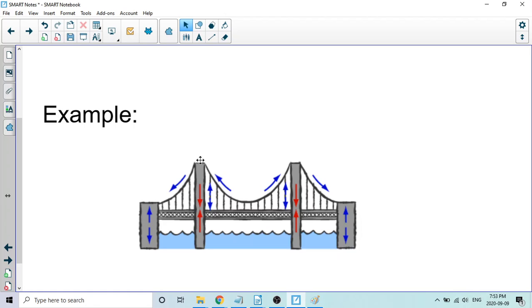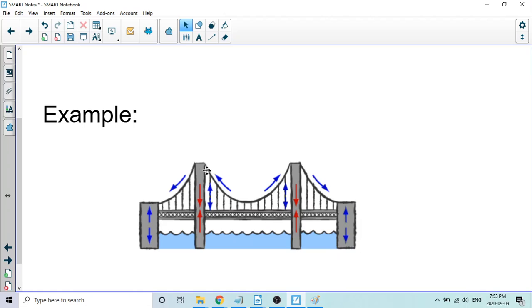Here we have compression because the ocean floor is pushing on the bottom of this tower, and gravity is pushing down on it. So the top and bottom are being pushed together, and that's our compression, this idea of pushing parts together. In this one, we have tension because this part is pulling on this side, and this part is pulling on that side.